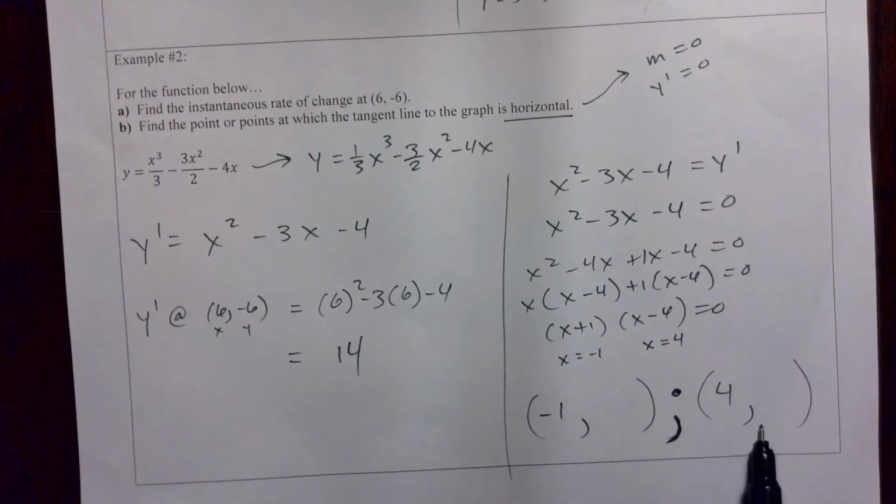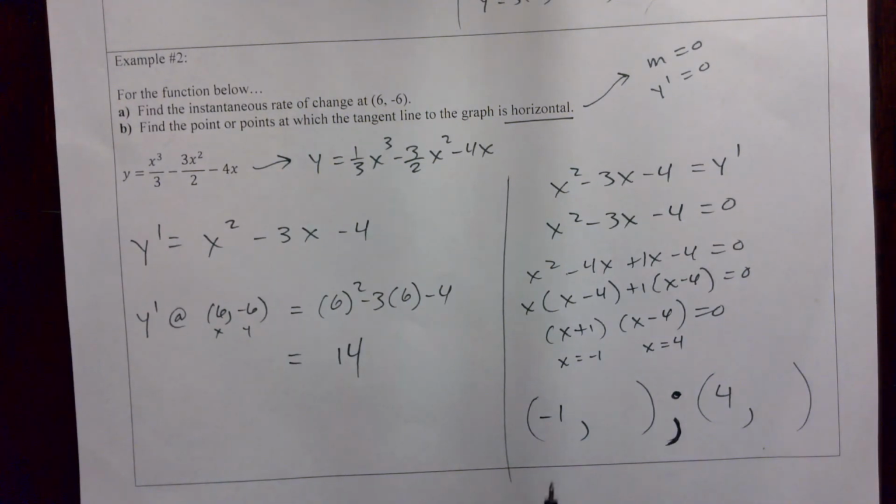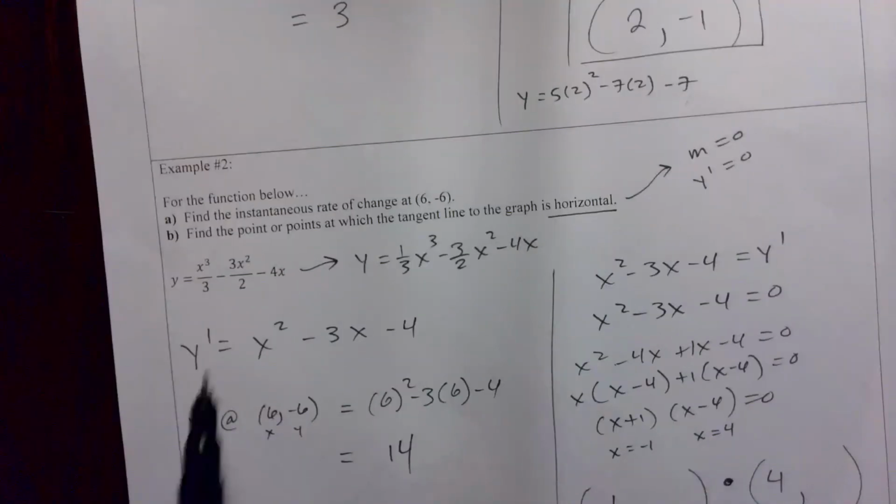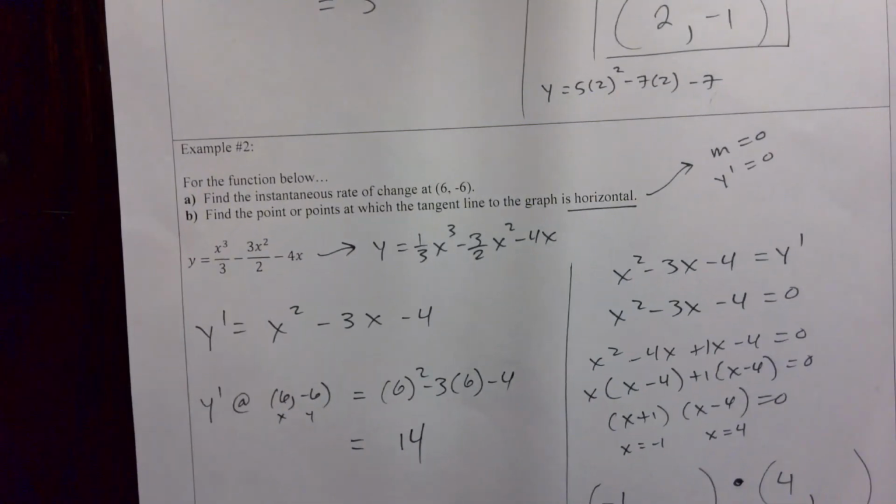Now remember, these points that we're looking for are on the original graph. So these x's go back into the original. So this one right here, just in my calculator, I'm doing -1 cubed divided by 3 minus 3/2 times -1 squared minus 4 times -1.